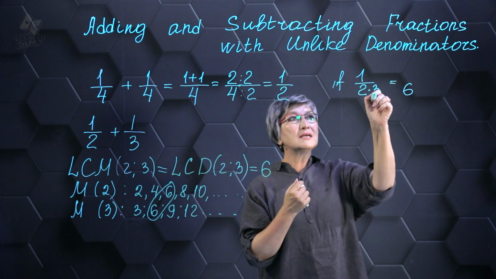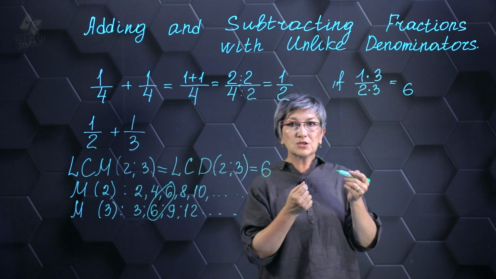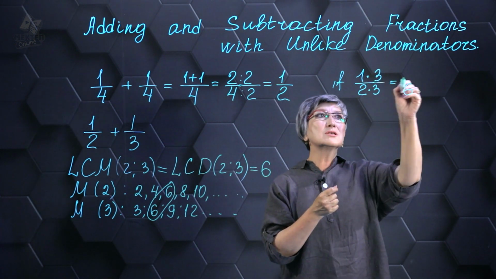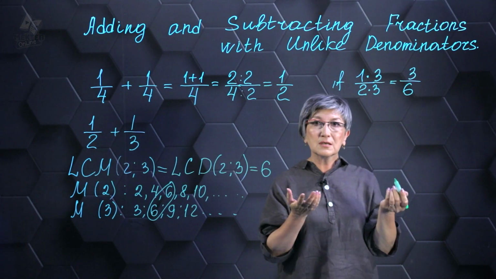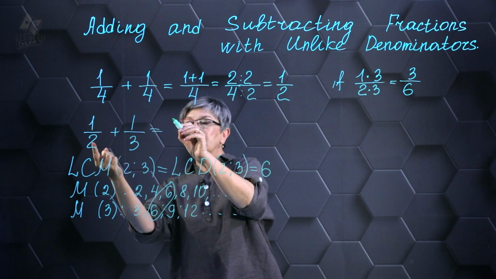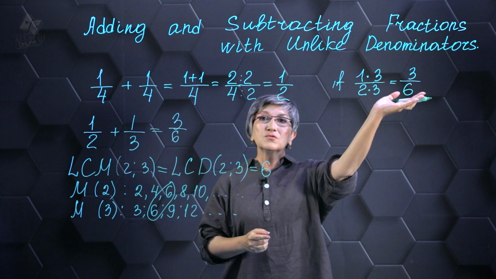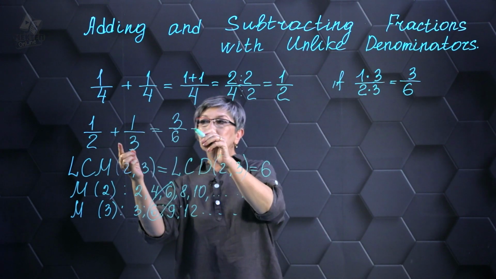But if I multiply the denominator by 3, then I should also multiply the numerator by 3. And then you will receive a fraction of 3/6. So 1/2 is equal to 3/6.